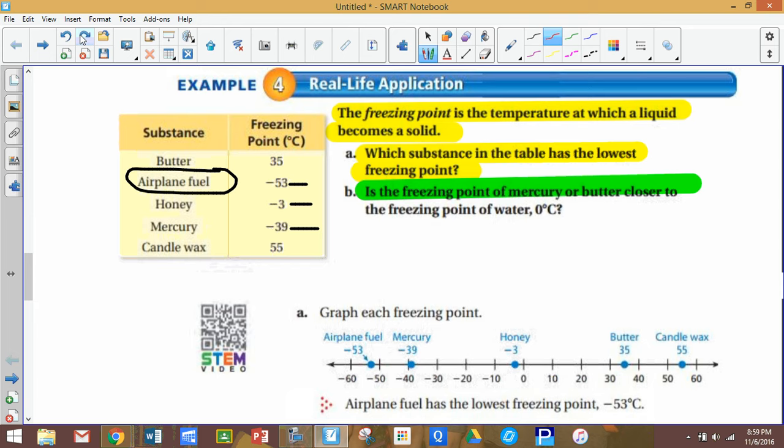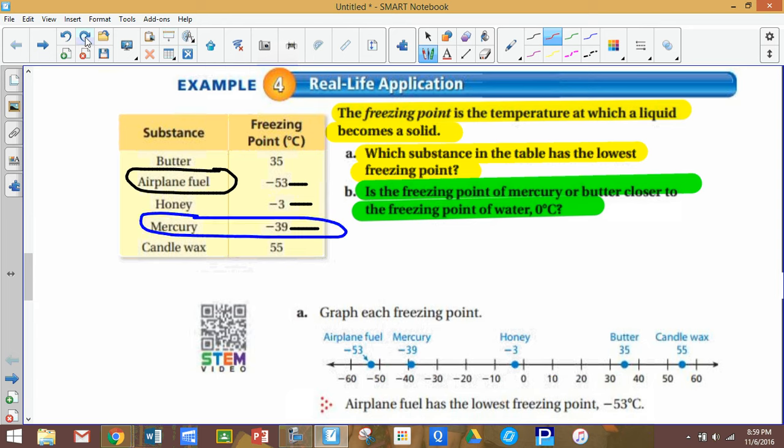So now we want to know: which is closer to the freezing point of water at 0 degrees Celsius, the freezing point of mercury or butter? Okay? Mercury is negative 39. Butter is 35. 0 is what we're looking to get, where I drew this blue line right here. That's where we want to be.